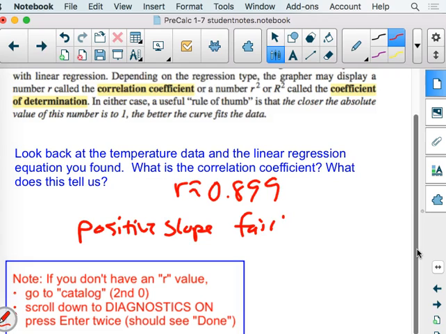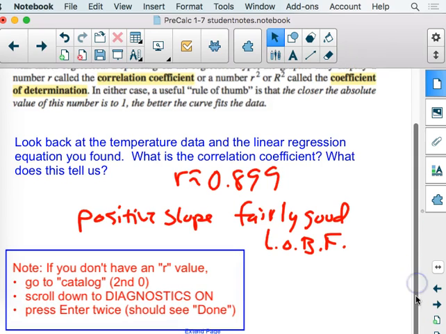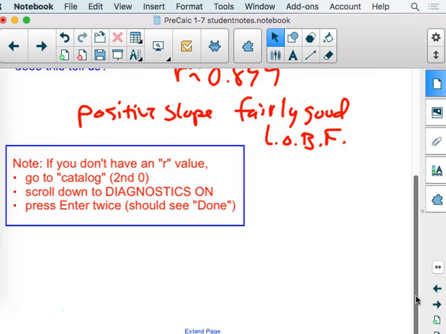So positive slope and a fairly good line of best fit. Not too bad. So in that little box down here, it says if you don't have an R value, remember you can go to the catalog, you can turn on your diagnostics, and then you can see your R squared or your R value from there.